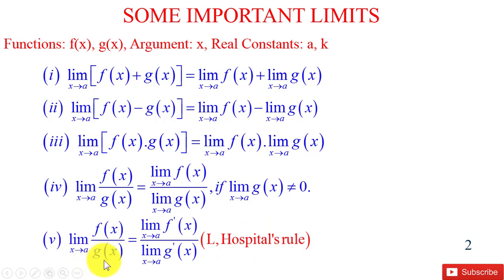The limit as x tends to a of f(x) by g(x) is equal to the limit as x tends to a of f'(x) by the limit as x tends to a of g'(x), by L'Hopital's rule.